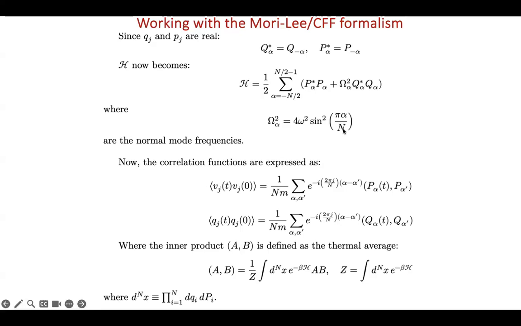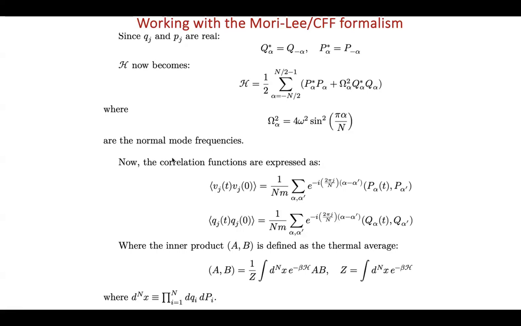It tells you how many of these pieces are being broken up and so on. Now, you can draw this dispersion relation. You put omega on the y-axis and alpha along the x-axis, and it's like this sine squared plot up to the Brillouin zone, because the system is a periodic system.